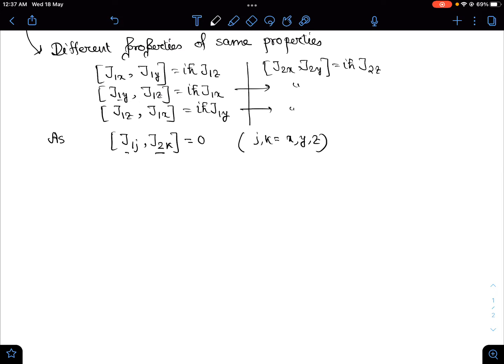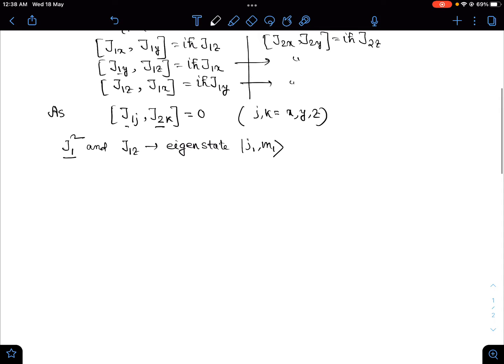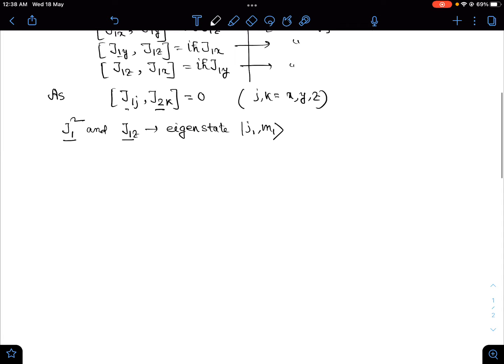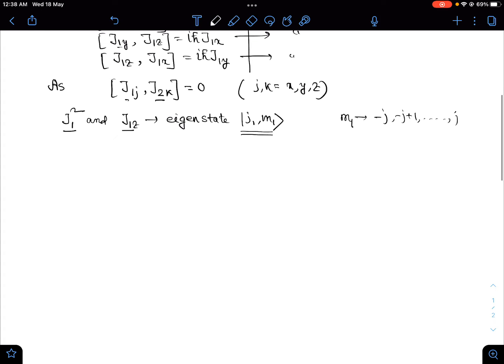So this is basic. Now we know that J1 squared and J1z have eigenstates |j1 m1>, since we can simultaneously diagonalize J1 squared and J1z. They have the same basis, which can be represented as |j1 m1>, where m1 can run from minus j1 to j1.